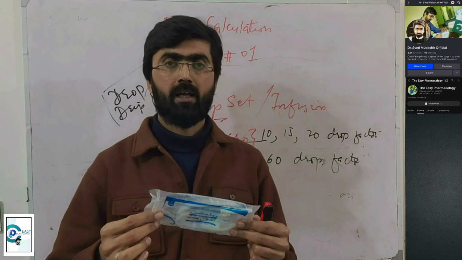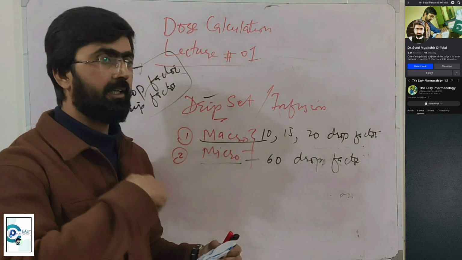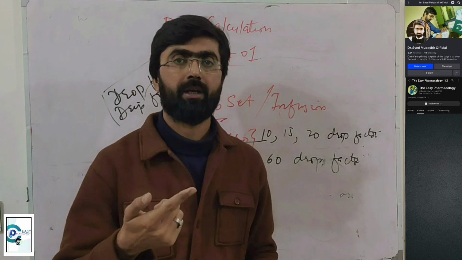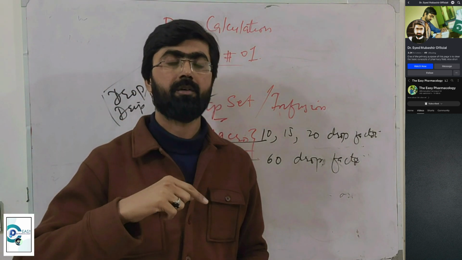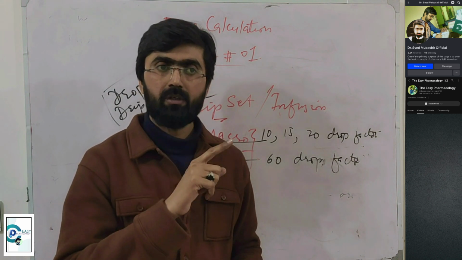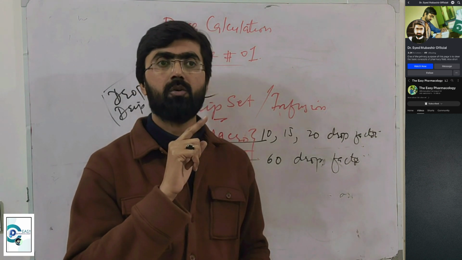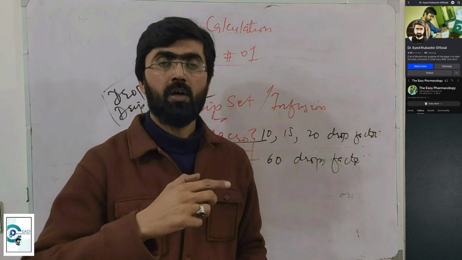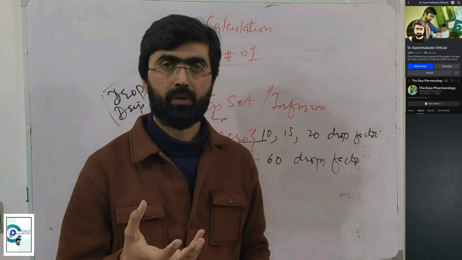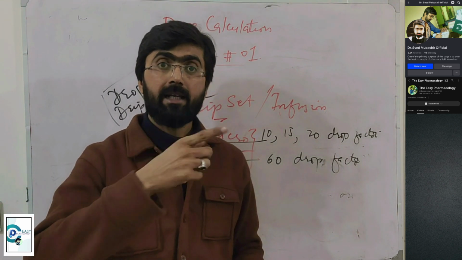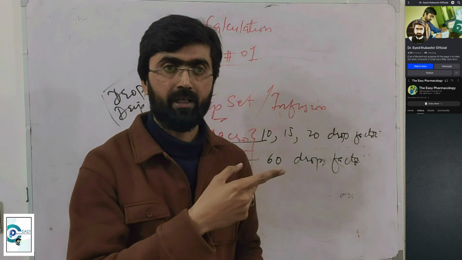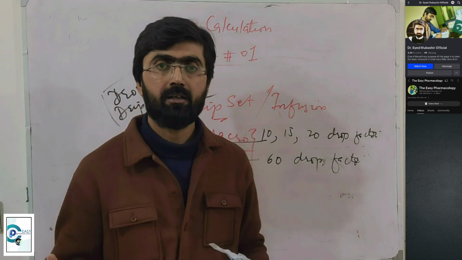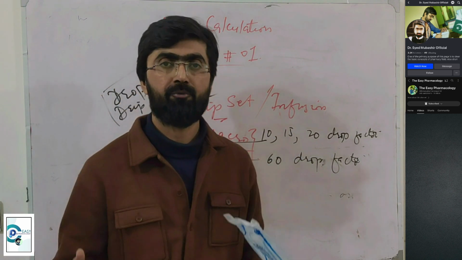Actually after this topic there is an important topic, that is IV flow rate, or drip rate. For calculating the flow rate or the drip rate, we need to know the drop factor. Okay, for calculating IV flow rate, we need to know what the drip factor or drop factor is.